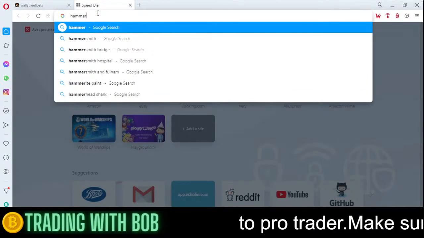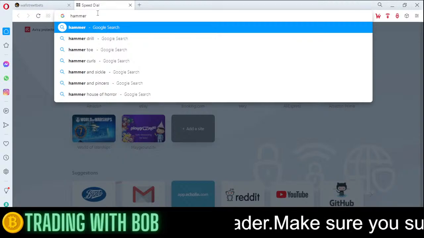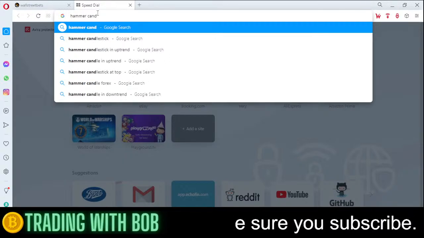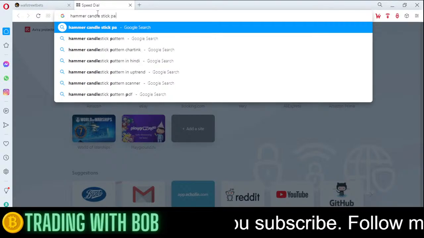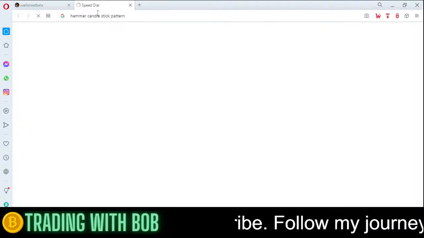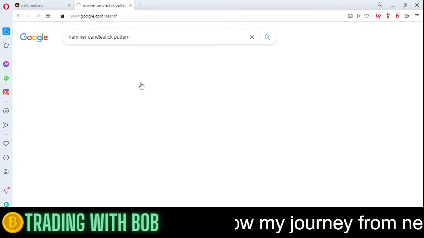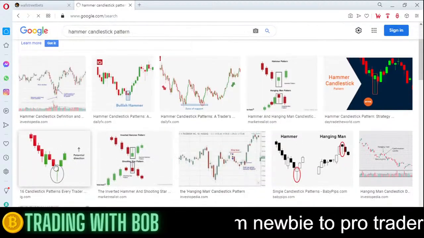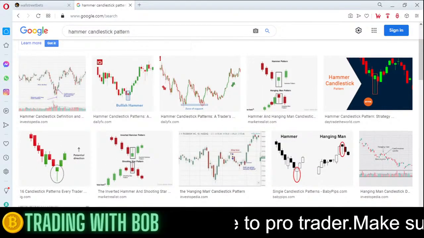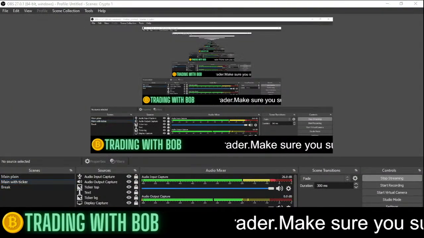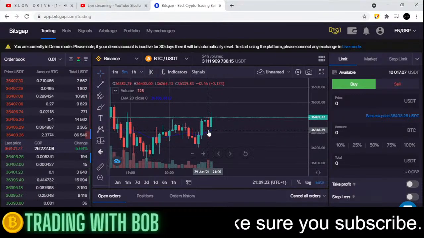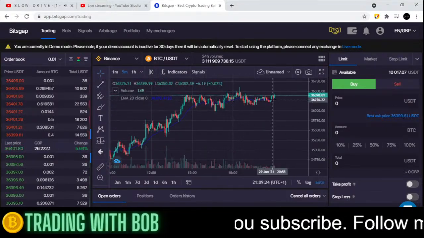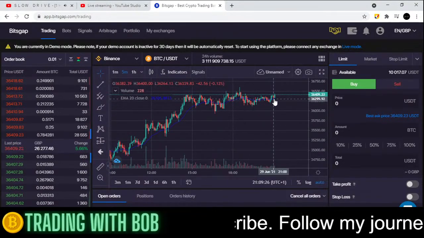Hammer candlestick pattern. Let's see that. Okay, yeah, that is a hammer, but indicates nothing. Wait one sec. Yeah, indicates nothing because it's meant to be located at the bottom of a downtrend.